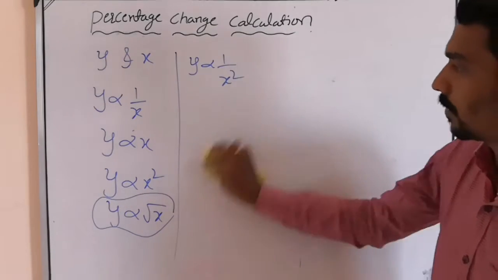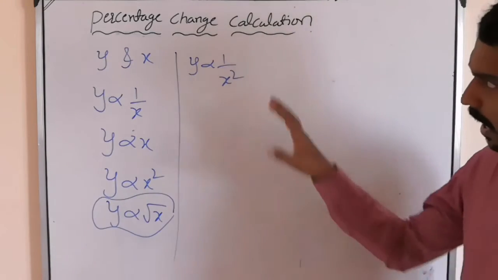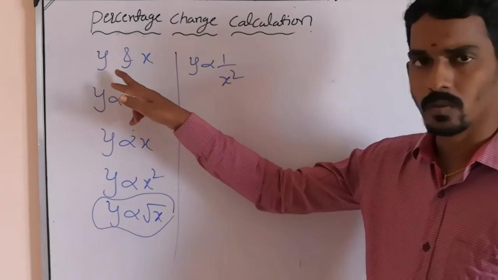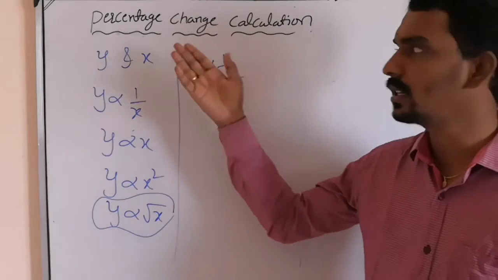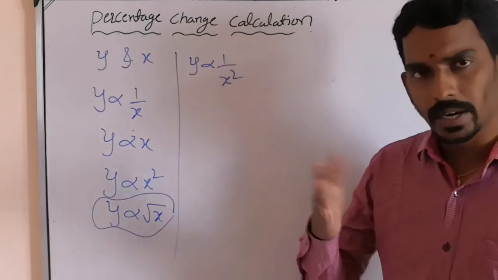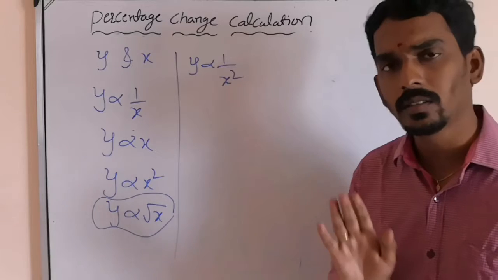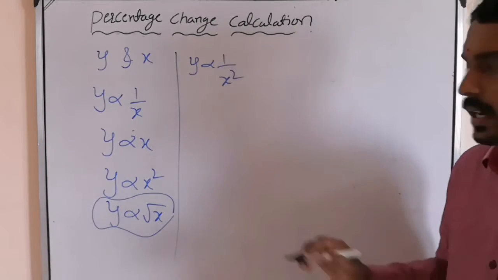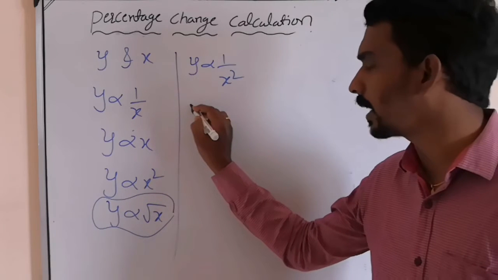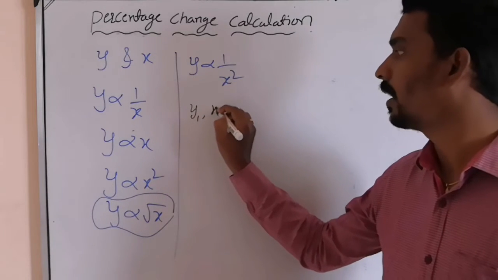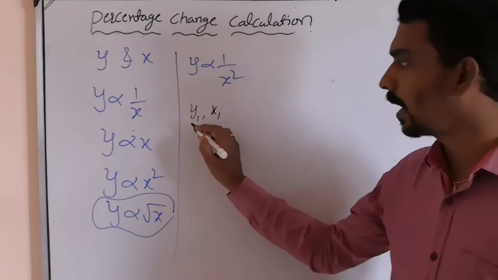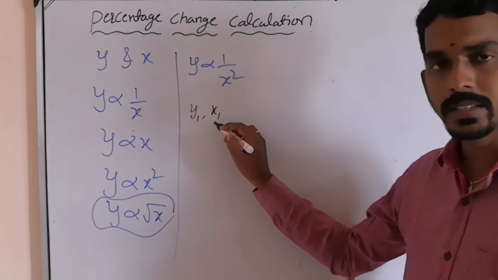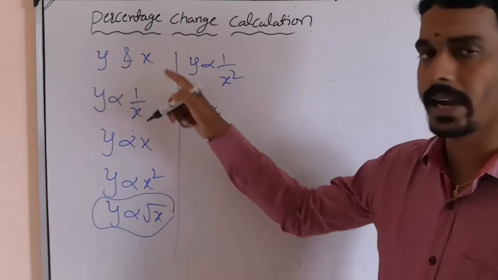What is the next thing you have to do is, there are always two quantities. One thing we will consider as y, another as x, so that y depends on x or x depends on y. Then the first thing you need to understand is, you take one set of values y1, x1 as initial values for y and x.